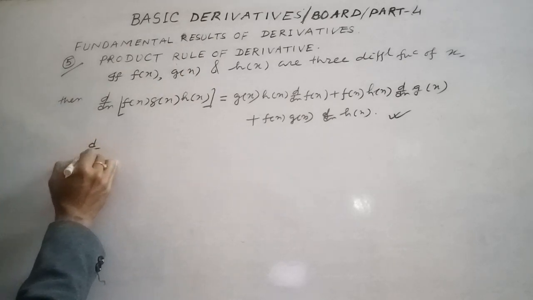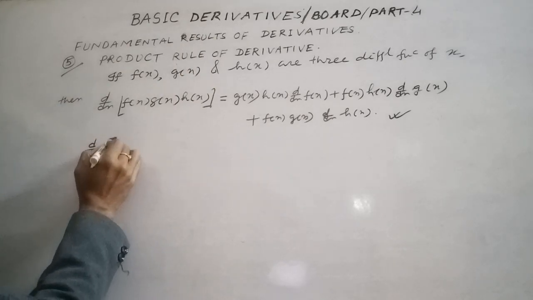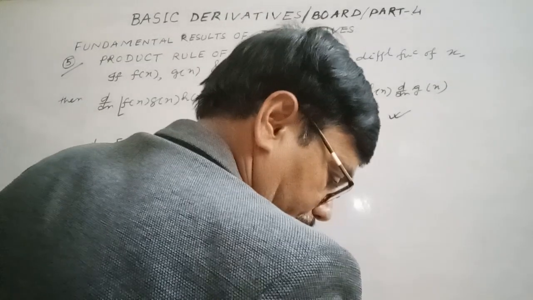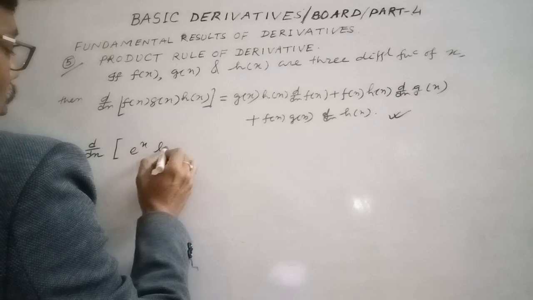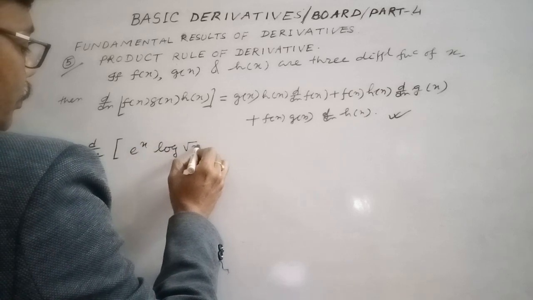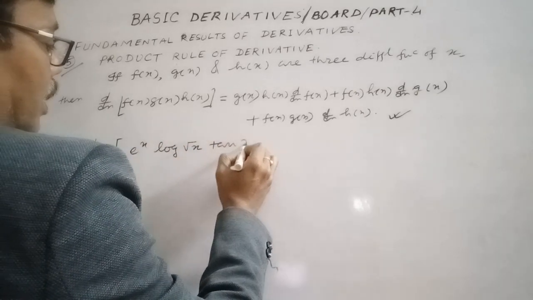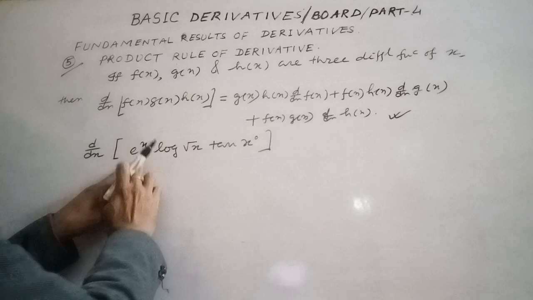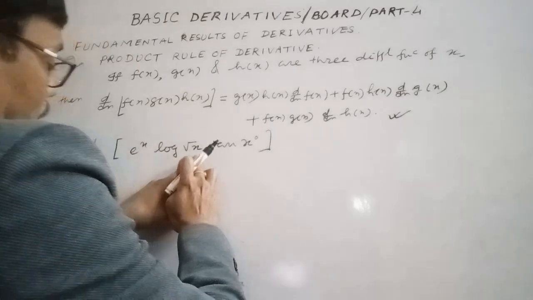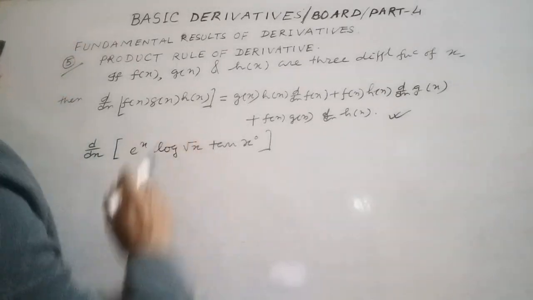So application: d/dx of e to the power x log root x into tan x degree. Now we know derivative of e to the power x, derivative of log x, but this is not linear.